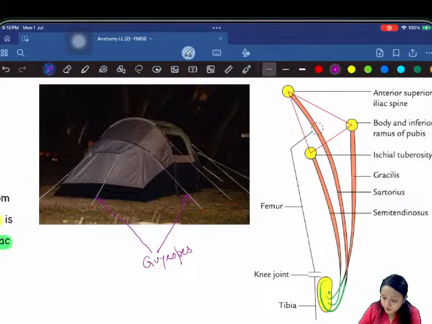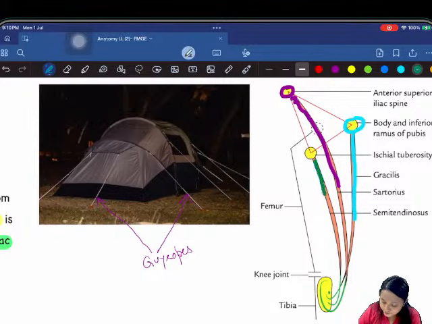You know this is the sartorius, the longest muscle, right? It is attached on the anterior superior iliac spine. Then you have the gracilis, also known as the honeymoon muscle, attached on the body and inferior ramus of the pubis, and then the semitendinosus, attached on the ischial tuberosity. Just imagine this entire structure, the hip bone, is like a tent.